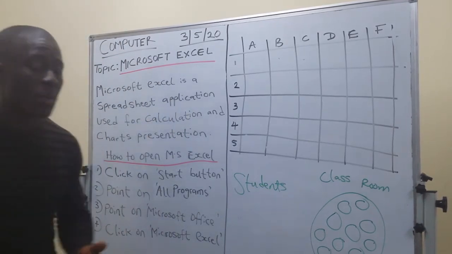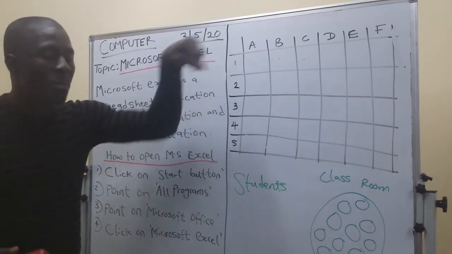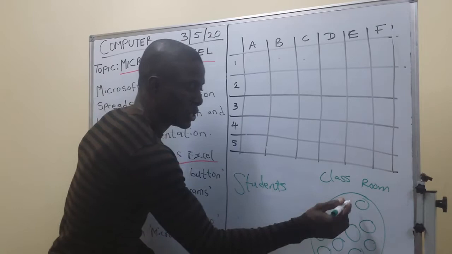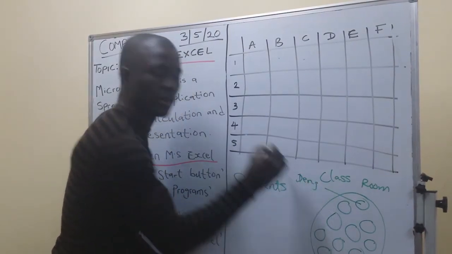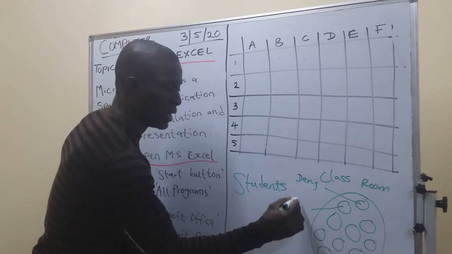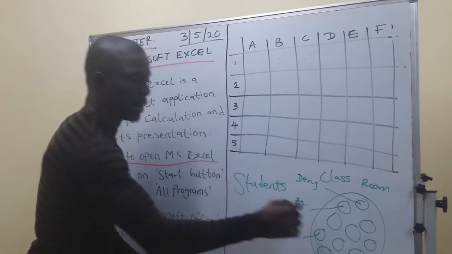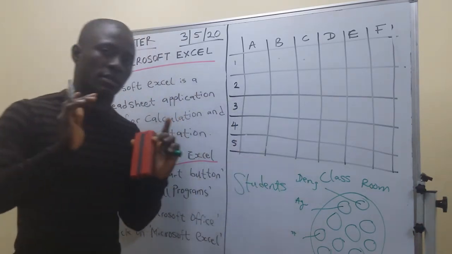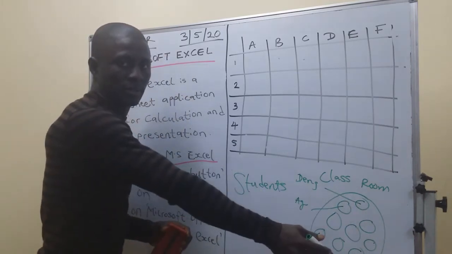That is the name. You can address all of them, but each of them has their individual names. So if you want to call this person, maybe this person's name is Deng, this one is Agal, this one is Akwata, and all. They have their individual names, but collectively they are called students.